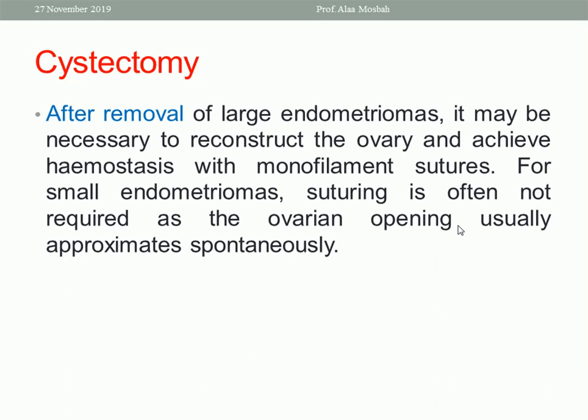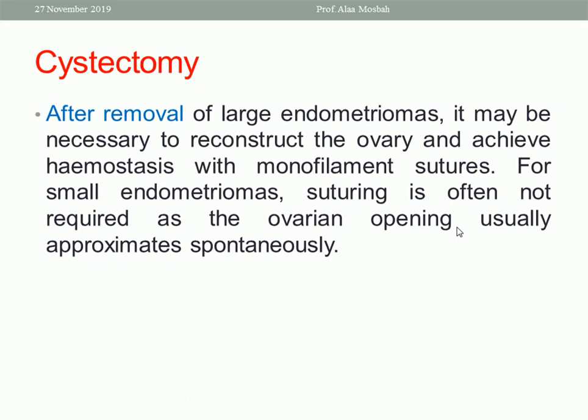After removal of a large endometrioma, it may be necessary to reconstruct the ovary and achieve hemostasis with monofilament sutures. For a small endometrioma, on the other side, suturing is often not required, as the ovarian opening usually approximates spontaneously.